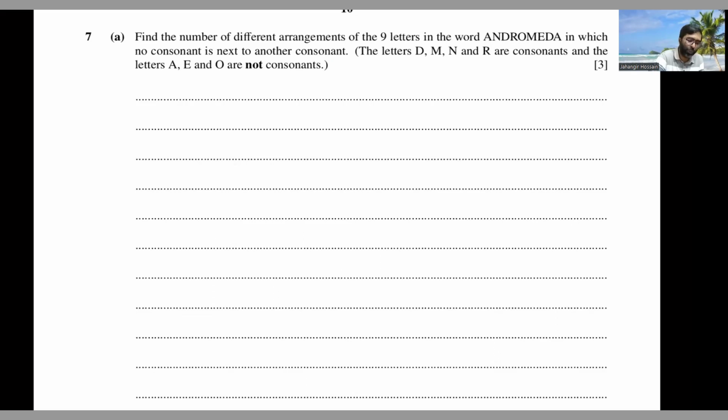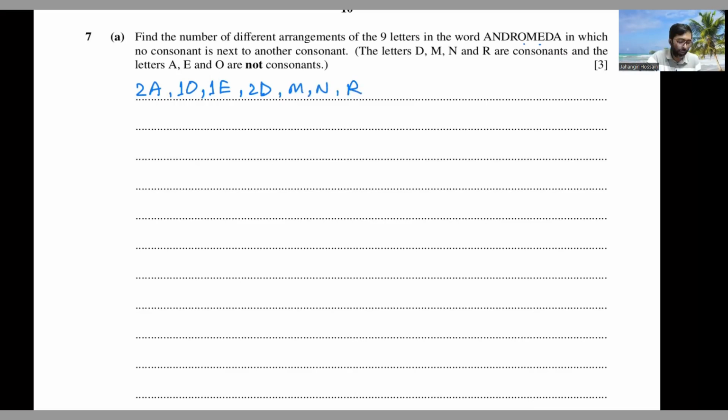There are 2 A, a single O, a single E, and there are two D, and R, M, N. These are the 9 letters.